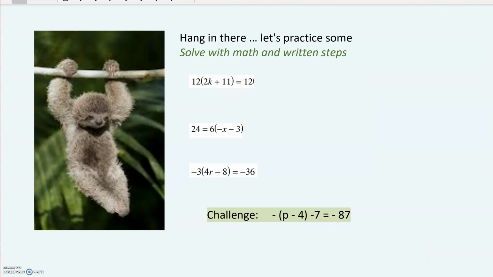I really hope that you're hanging in there. Let's practice some together. I say together. I'm not actually going to do these. Let's have you practice them on your own. Make sure that you distribute first. And then you have the two-step equation. You can then circle the area of no touch, do 2 inverse operations, and you should be there.